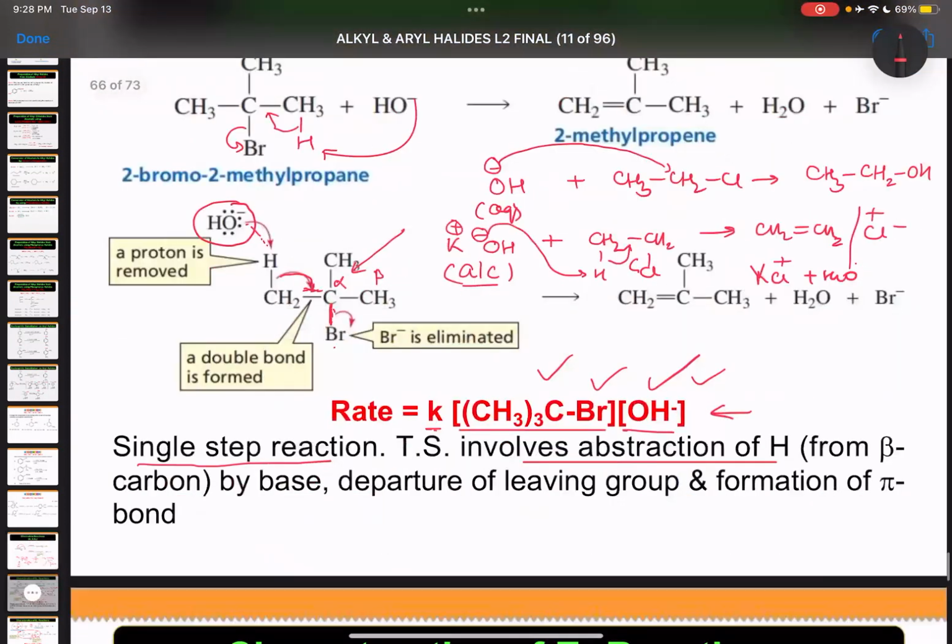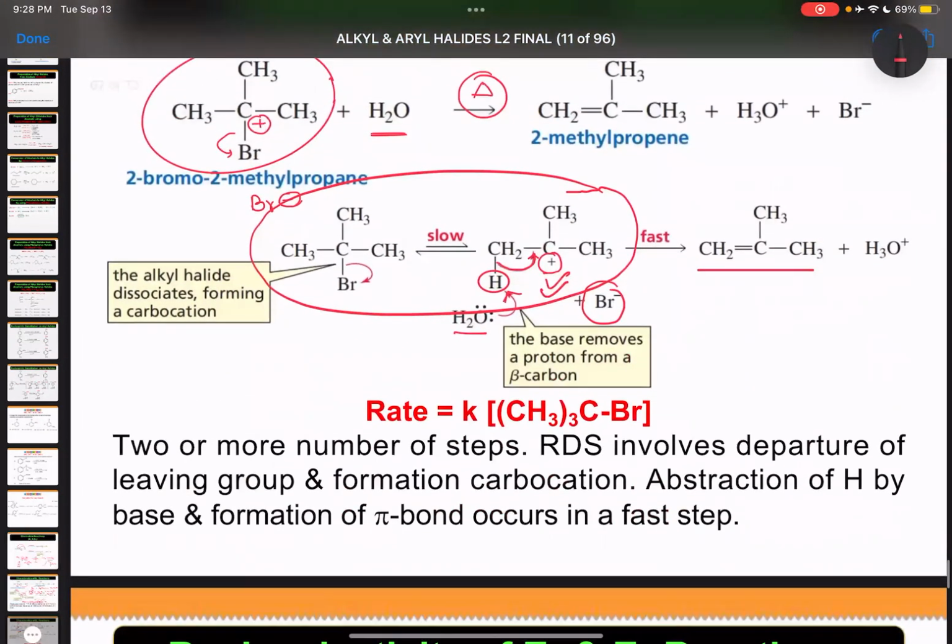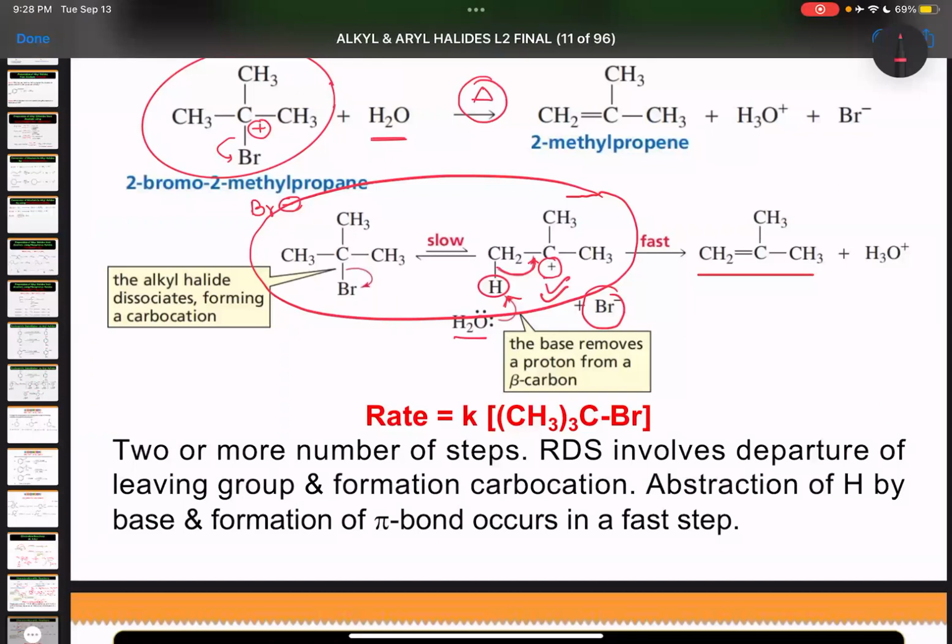So here the rate is independent of the concentration of the nucleophile, because the nucleophile is coming only after the climax is already over. This first step is the climax: how quickly the leaving group comes out, how quickly the carbocation forms, how stable the carbocation is.